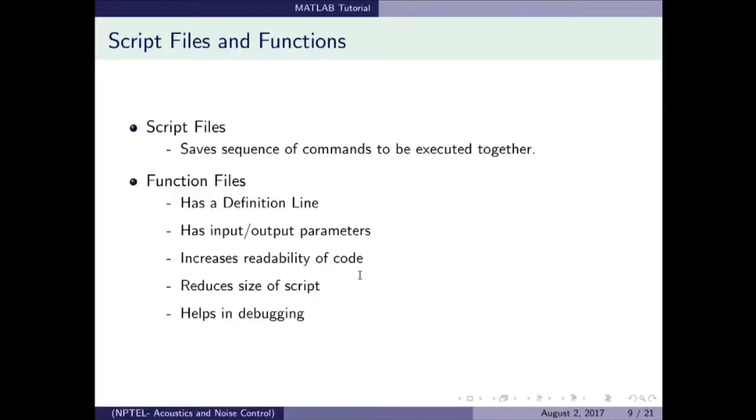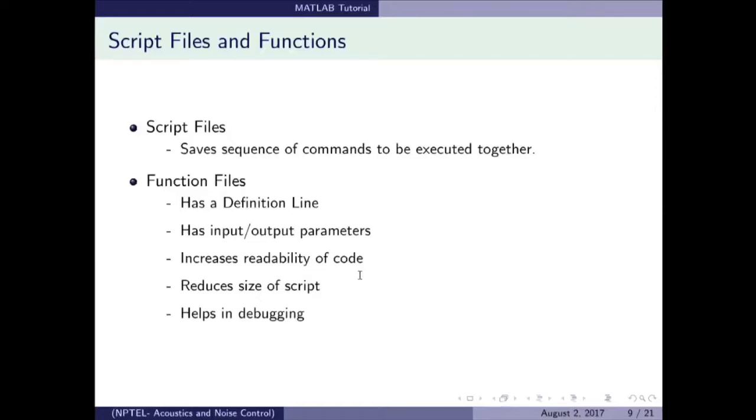Now let's come to function files. The difference between a script file and a function file is that a function file will have a definition line, and it will also have something called input output parameters. If you remember, in script files we have to define the variables in the code in order to use them.